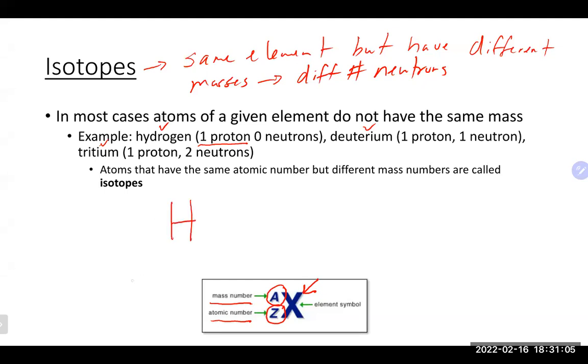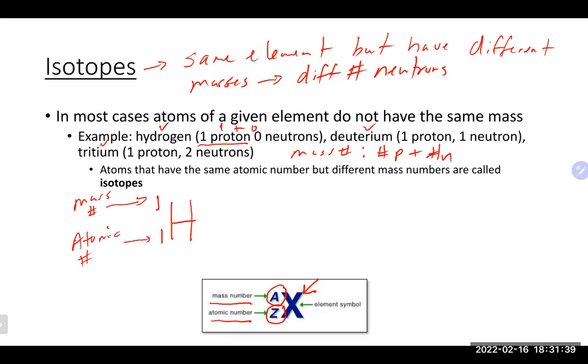The atomic number would be 1, which would go on the bottom left. The mass number, which again is the number of protons plus the number of neutrons, in this case, 1 plus 0 equals 1, and the 1 would go up on top left. Again, mass number up here, and atomic number here.